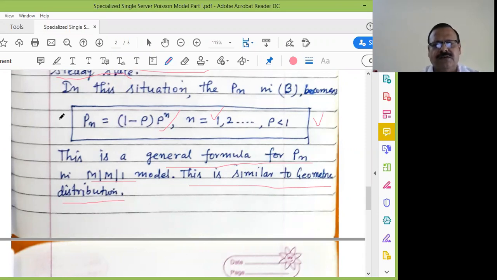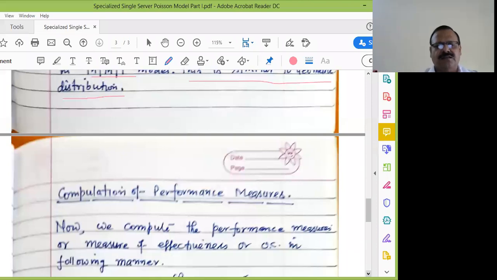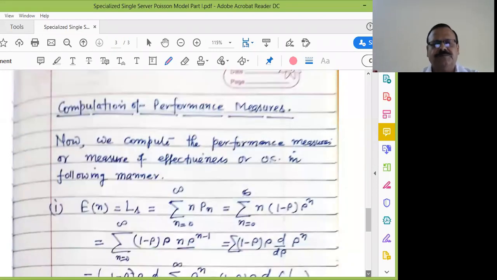Now later, at the later part, we will discuss your problems. First you listen to this very discussion. So this is the most important formula of Pn, the expression for Pn, the main character which plays a role in the computation of the performance measure.